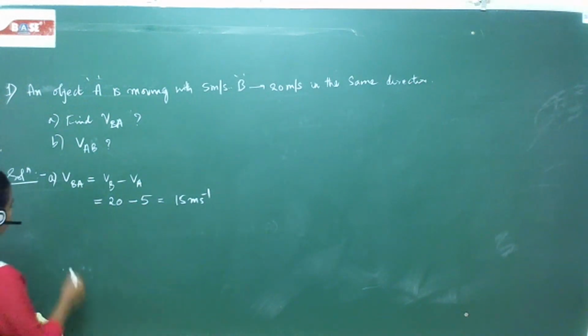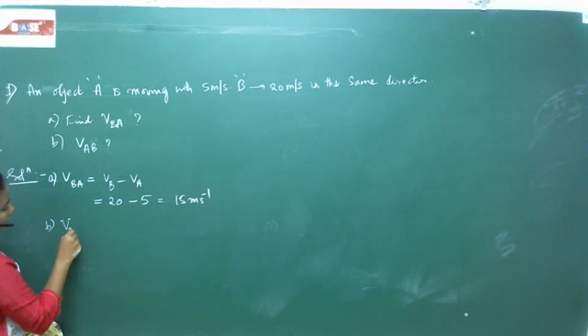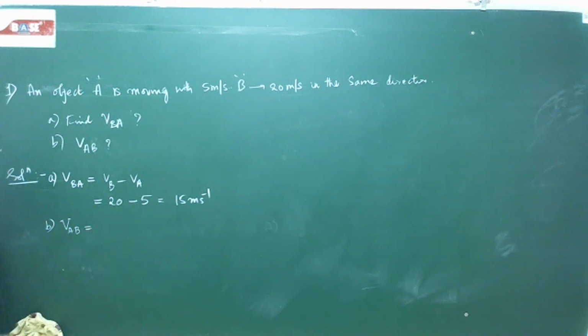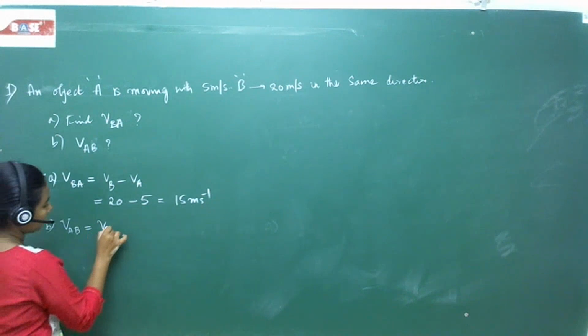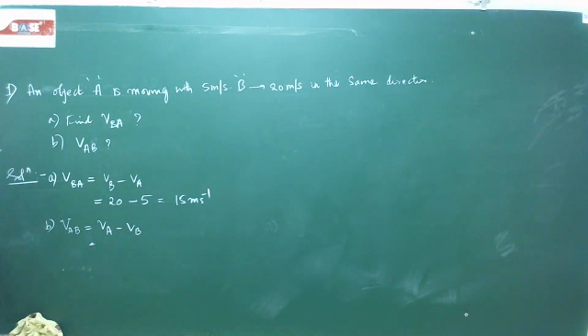Now similarly, the other part of the question asks for the velocity of A with respect to B. This is VA minus VB, correct.